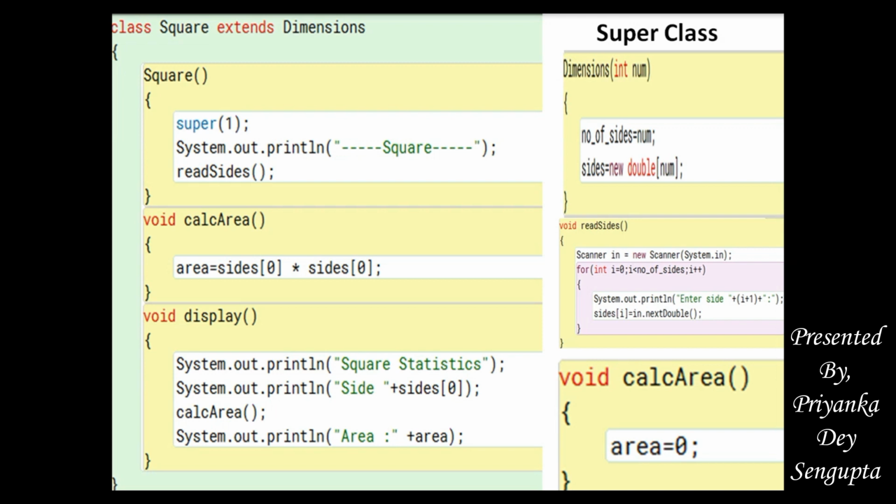Both the superclass and the subclass have the same method name with the same argument list. So when we have the same method with the same argument list both in the subclass and the superclass, the method of the superclass gets overridden and the method of the subclass gets called. So it will calculate the area. Finally, void display will display the area of the square by calculating the function calc area of the subclass.